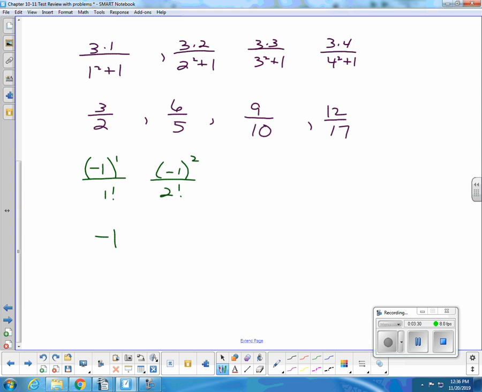Now we have an even exponent, so that's going to become a positive 1. 2 factorial is 2, so that's 1/2. Okay? So -1 to the third power is -1 again, and the bottom is going to be what? 6, right? Because 1 times 2 times 3. And then -1 to the fourth over 4 factorial. Now we're back to positive, and that is 24.